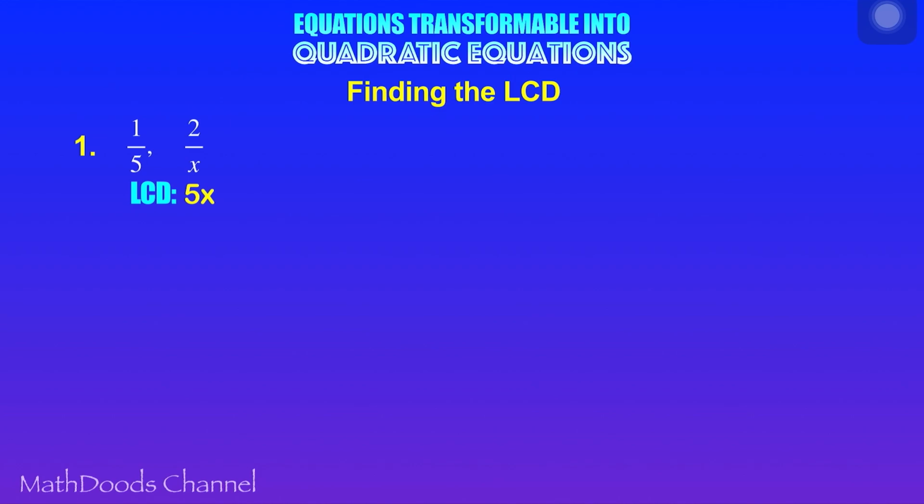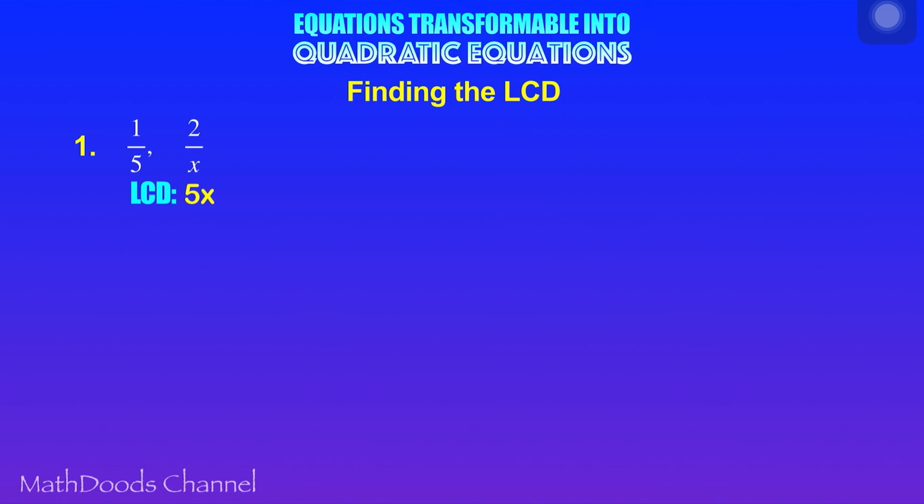The LCD is the least expression that can be divided by both denominators without any remainder. So pag dinivide mo si 5x ng 5, the quotient is x, walang remainder. Pag dinivide mo si 5x ng x, the quotient is 5, walang remainder.